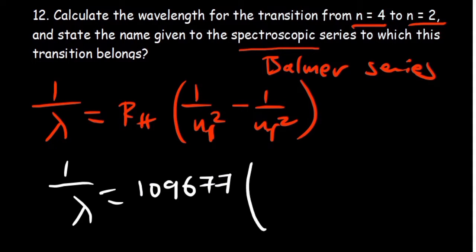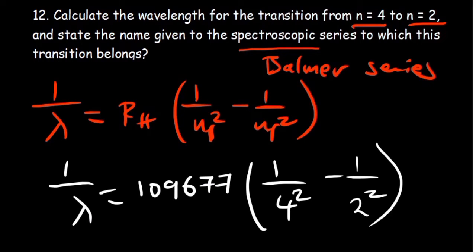Initially it was coming from 4, so it's 1 over 4 squared minus 1 over 2 squared. There's a negative here that I had forgotten. If you do your computations, you have 1 over 16 subtract 1 over 4, multiplied by 109,677.